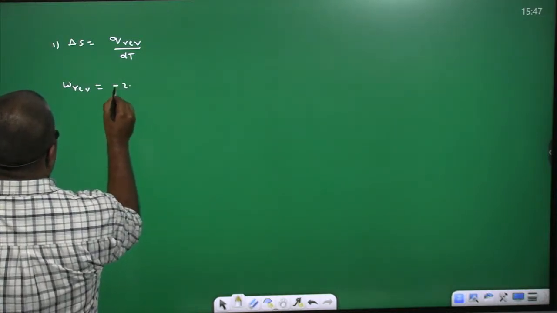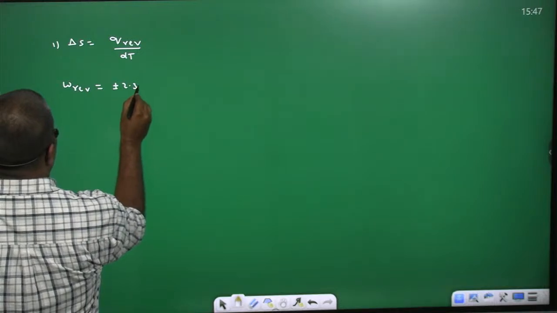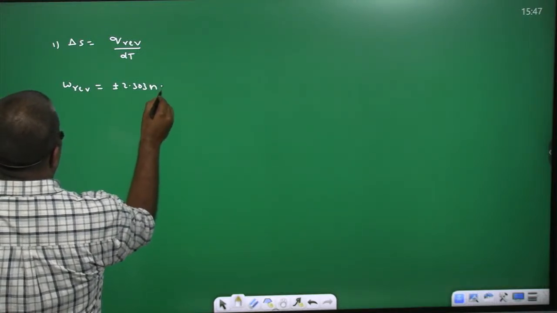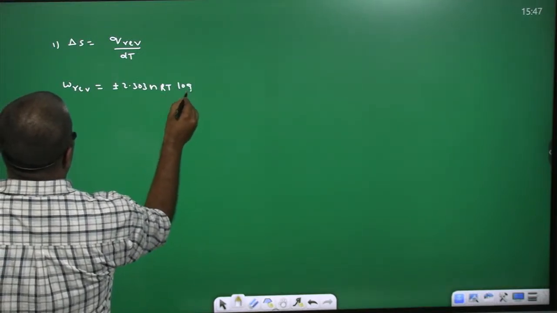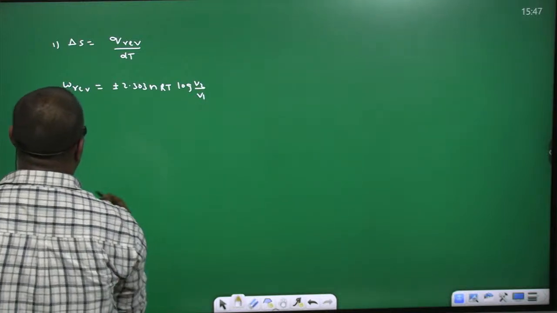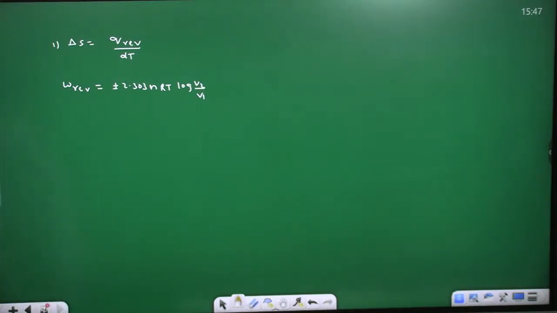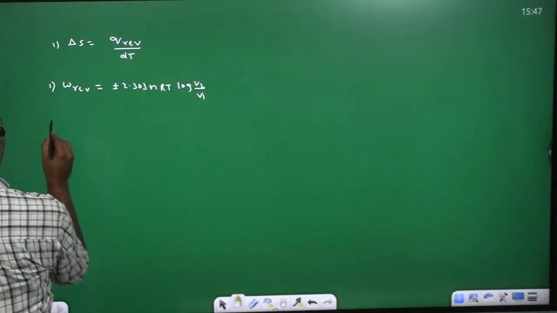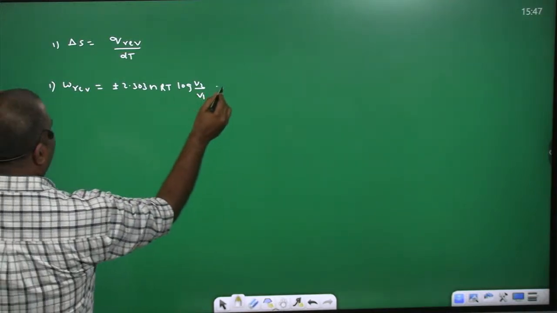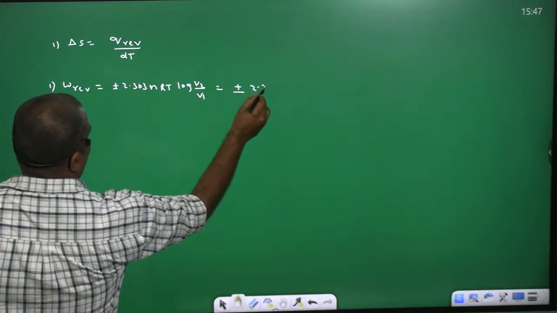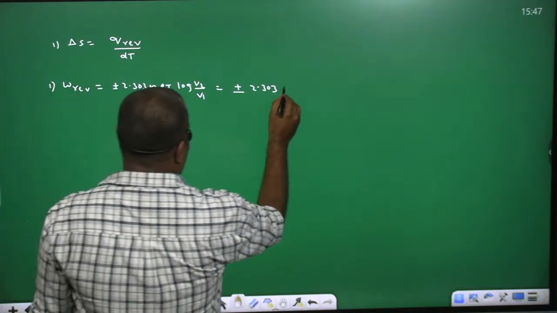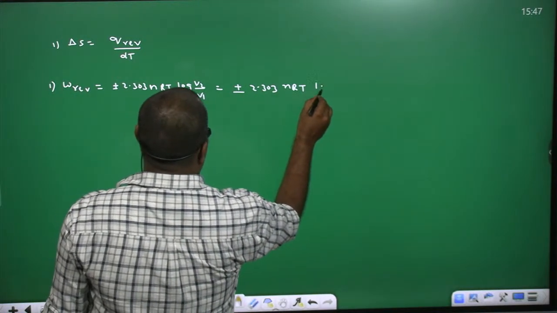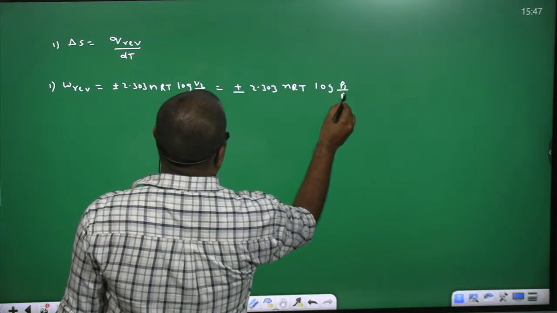Plus or minus 2.303 nRT log V2 by V1. Plus you can take on the system, minus you can take by the system. Otherwise you are going to write plus or minus 2.303 nRT log P1 by P2.